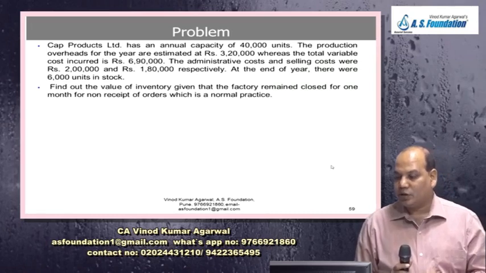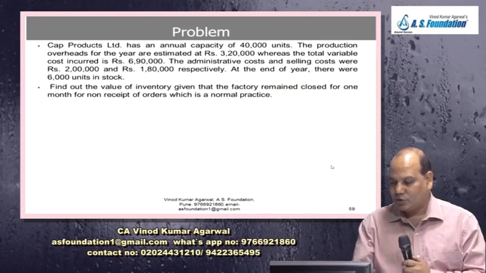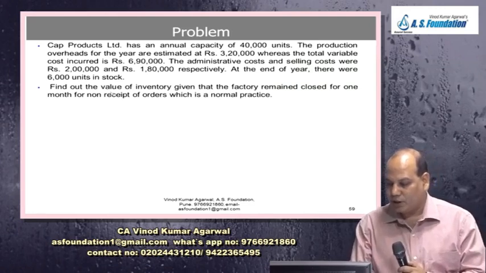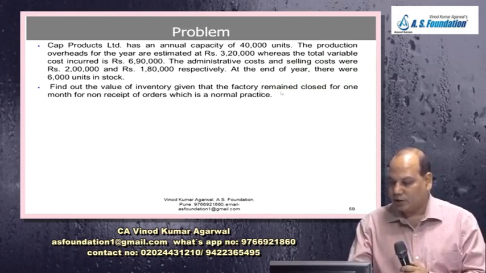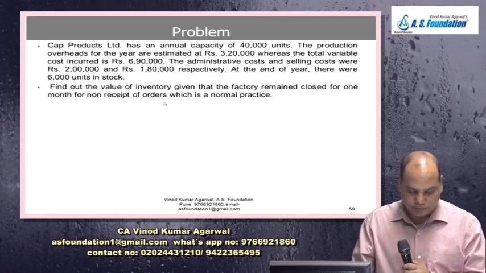Administration and selling cost are 2 lakh and 1,80,000 respectively. At the end of the year, there were 6,000 units in stock. Find the value of the inventory given that the factory remained closed for 1 month for non-receipt of orders, which is a normal practice.